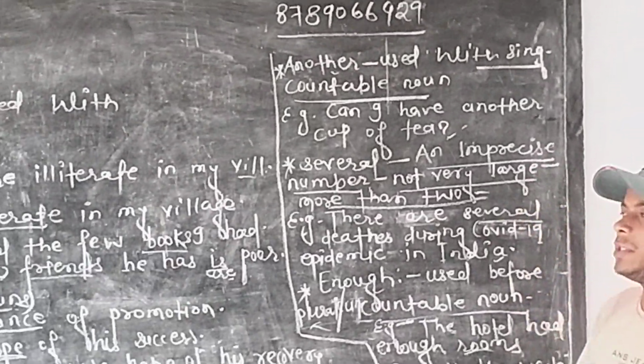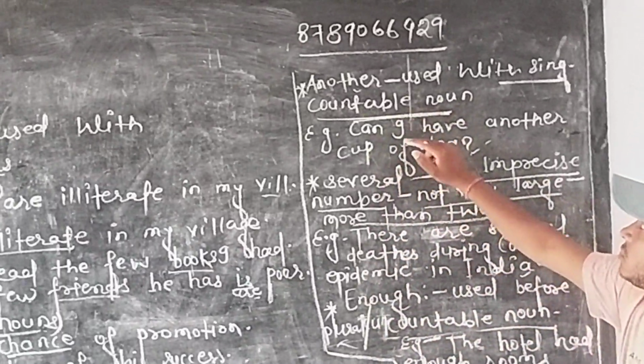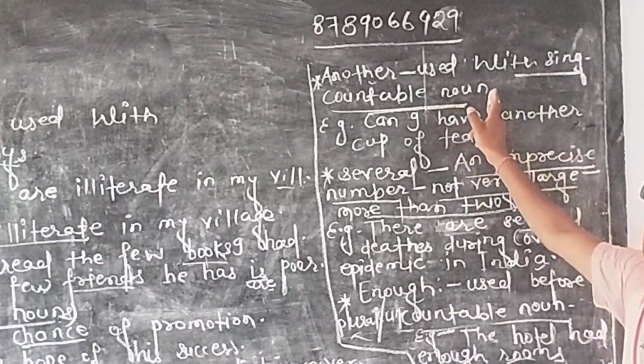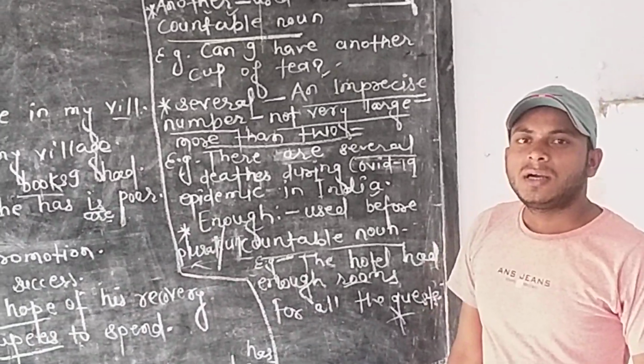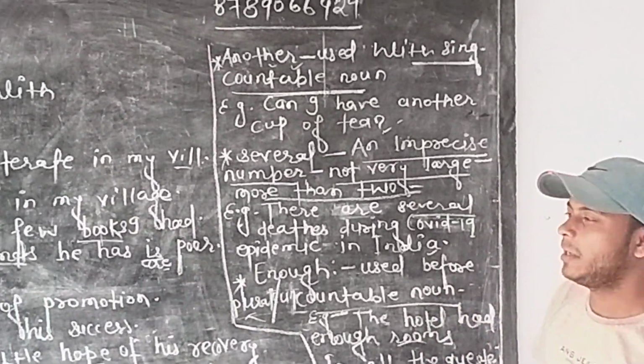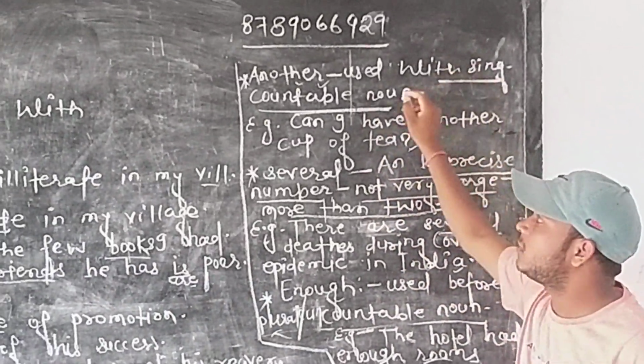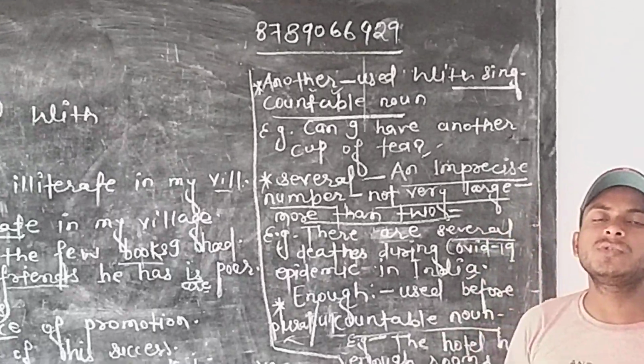Here once again I want to tell you about the use of another, several, and enough. Another is used with singular countable nouns.